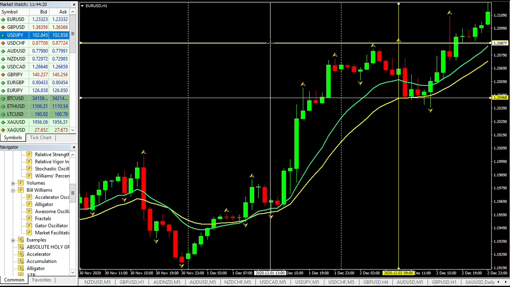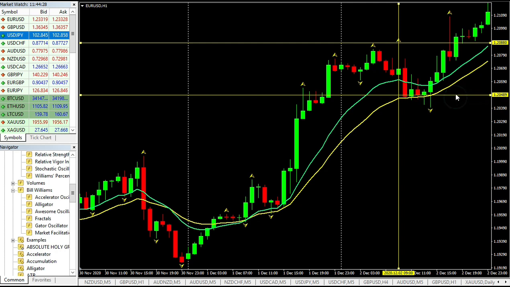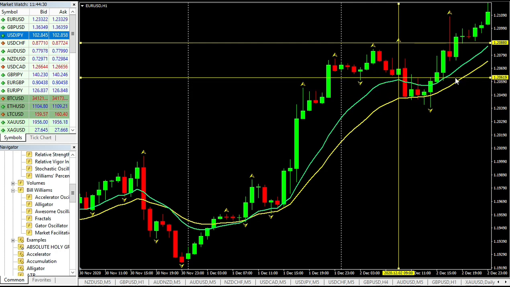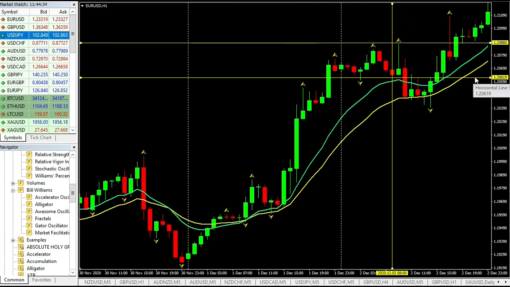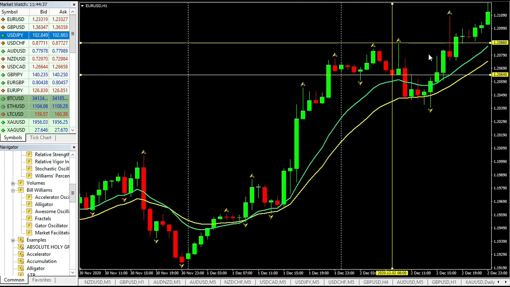Now if you put it here, then you're risking about 41 pips, and if you have it here underneath this candle, then you're risking 23 pips.